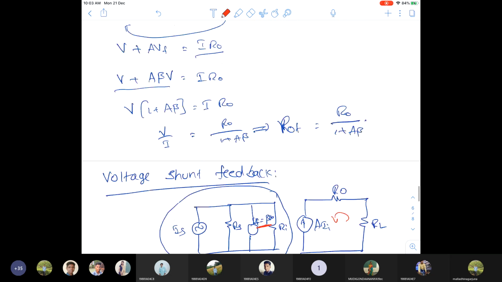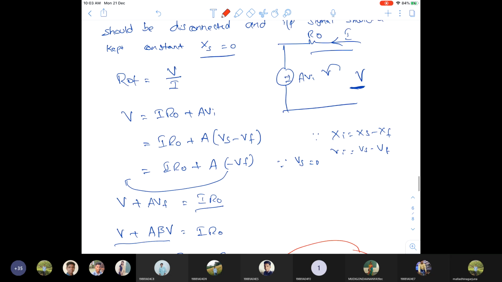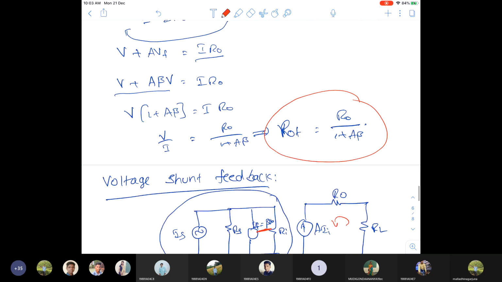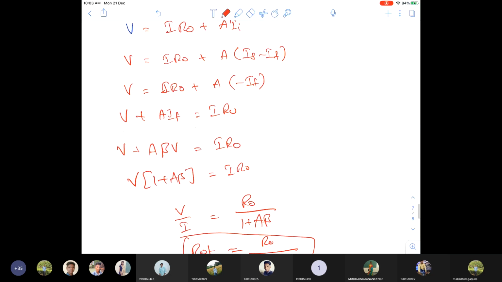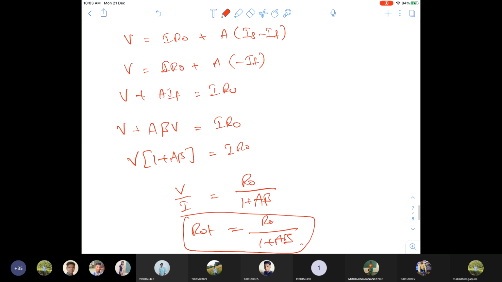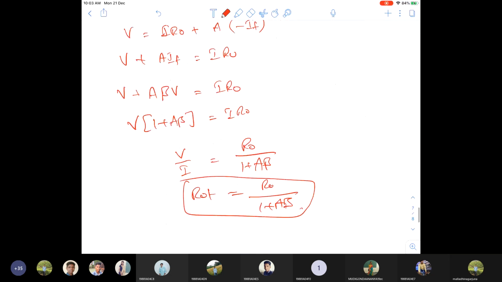See, same derivation. Only thing is input is voltage there and input is current here, but anyway the output comes the same. So this is the voltage shunt gain.